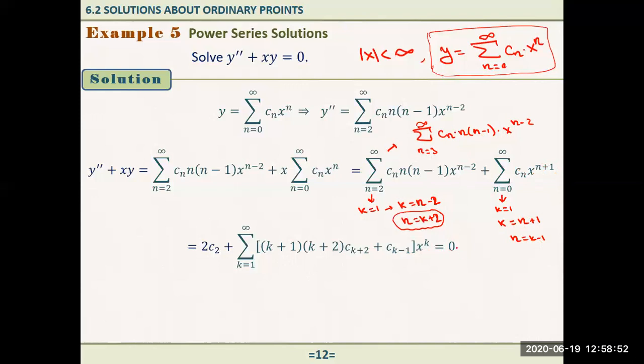That means this 0 is a 0 polynomial, right? So for these two things to be equal for every value of x, all their corresponding coefficients and constant terms must be equal to each other. Here we have 2c sub 2, plus, when k equals 1, x to the power 1, capital C sub 1 times x plus capital C sub 2 x squared plus dot dot dot.